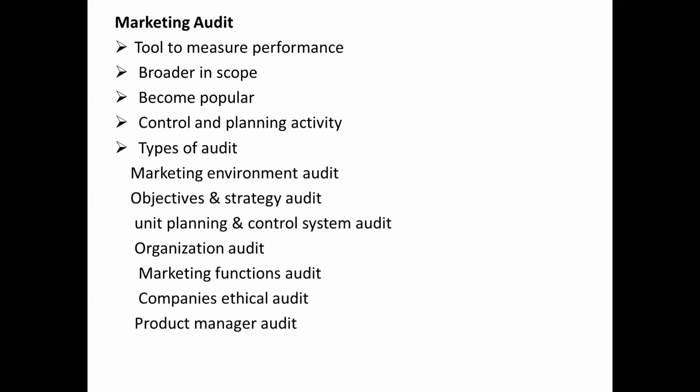The organization audit. Organization audit deals with the overall structure. Now, the marketing department has to function in collaboration with other departments, like we discussed about the financial budget for advertising or for promotion. Similarly, demand forecasting has to integrate their functions with the production department. So, all the departments should have a collaborative approach.